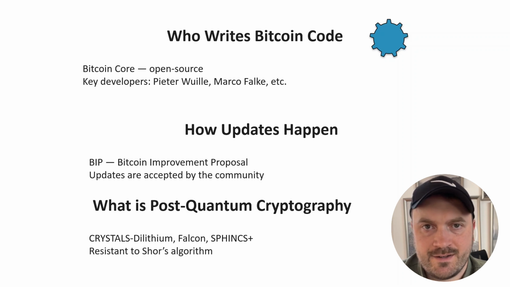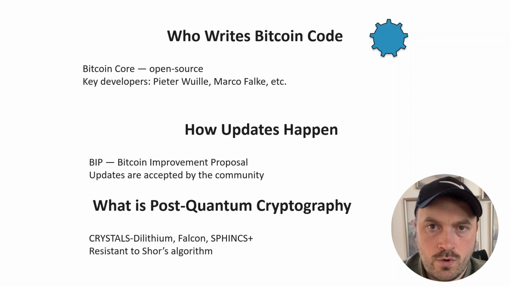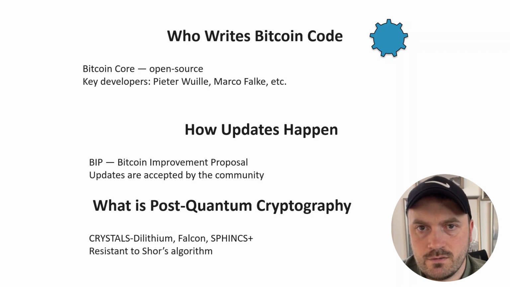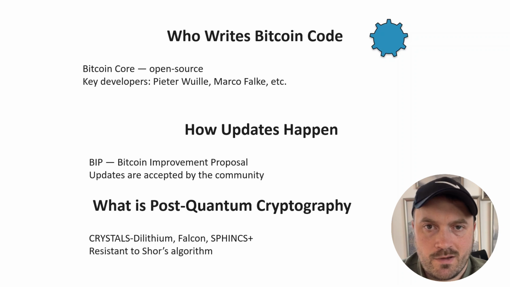But in reality, not just anyone can add code. There are core developers, maintainers, who review the quality of the code, discuss proposals, check for security, and accept or reject updates. The names of these people are actually public.